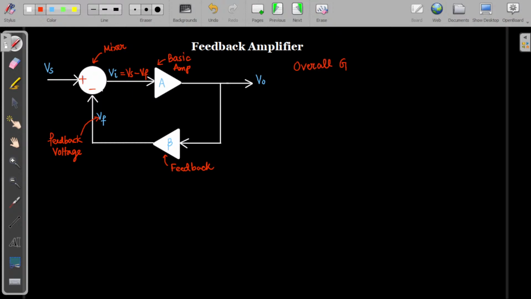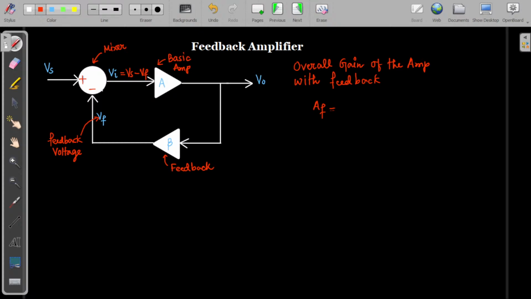Now we have seen that the total gain, if we consider the overall gain of the amplifier with feedback, we have already seen that was AF.